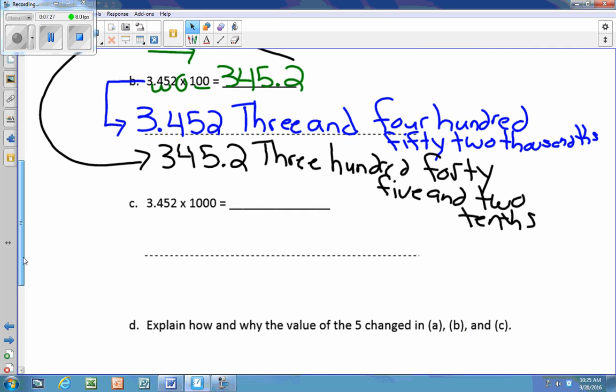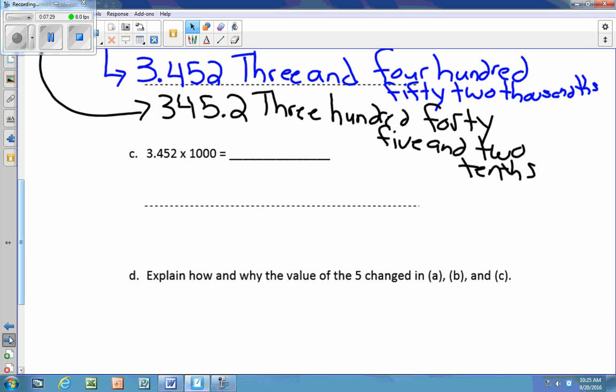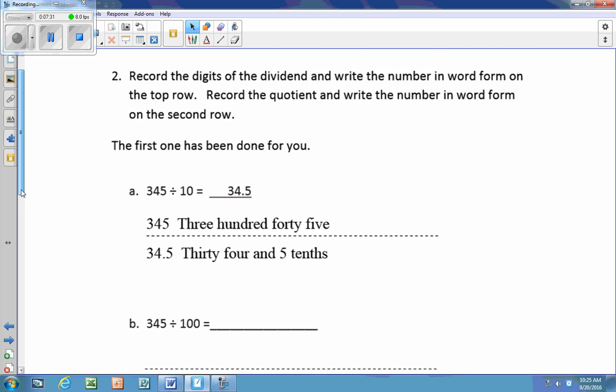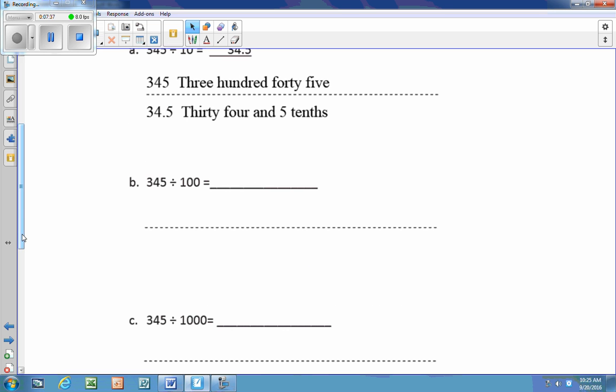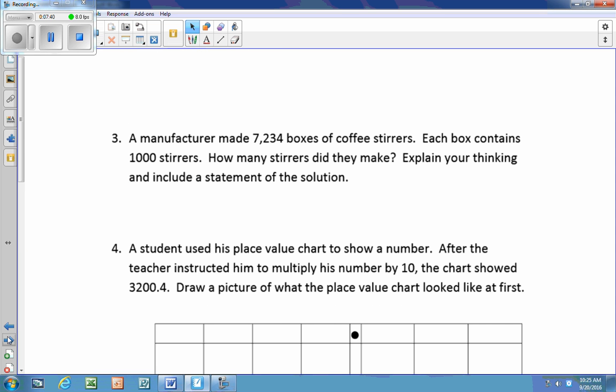We would do letter C the same way. The division problem is set up the same way. And then we come to some questions 3, 4, and 5, which are more challenge questions for kids to try.